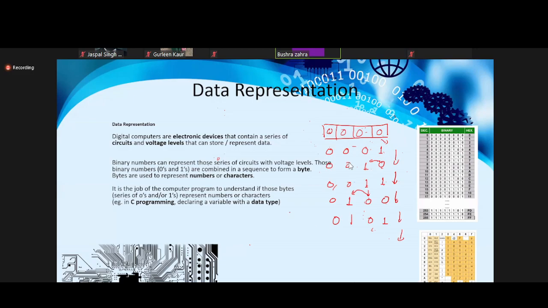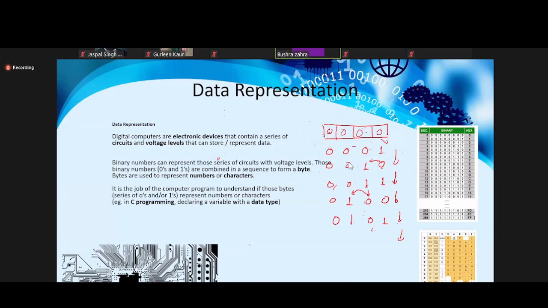All right, so now you get the configuration 0001, 0010, 0011 and 0100.